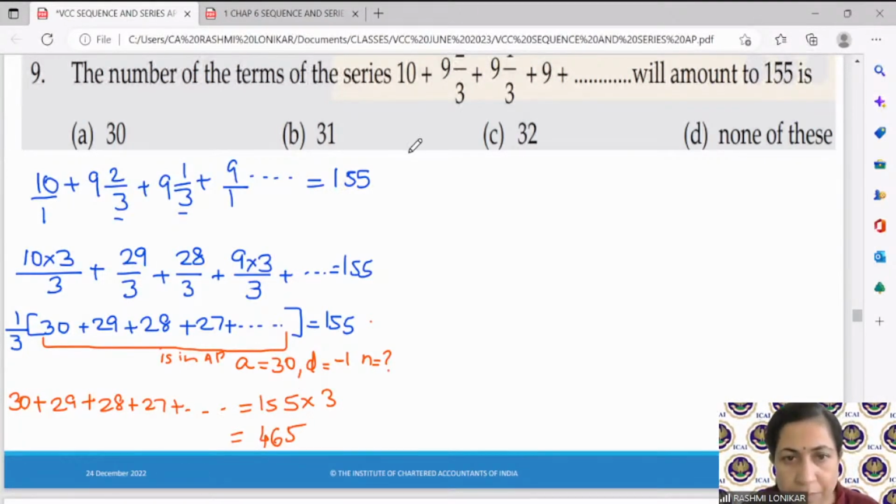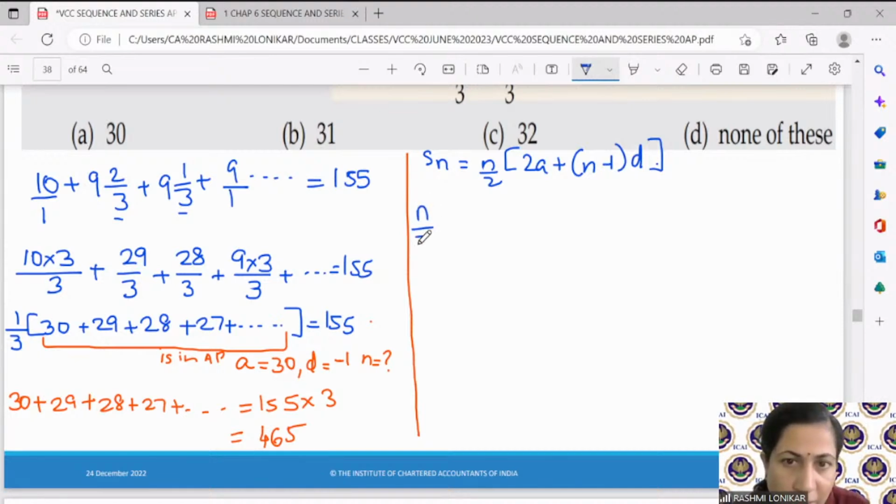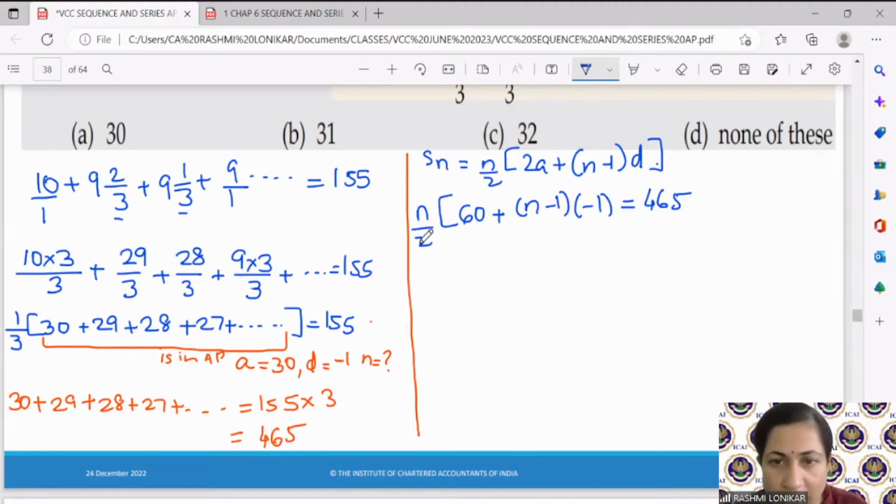Now what is the addition of this? What is the formula? Sn is equal to n by 2 into twice A plus n minus 1 into D. n I don't know. What is twice A? A is 30, so 30 into 2 is 60, plus n minus 1, D is minus 1, is equal to 465.